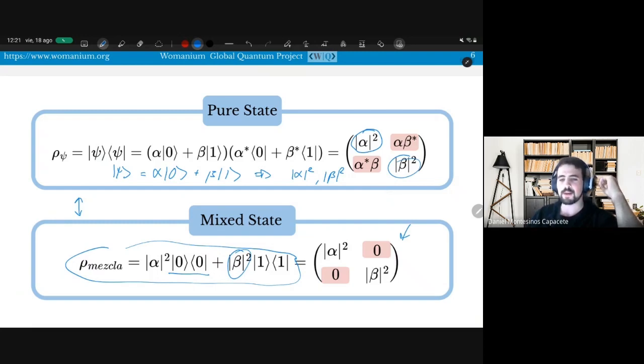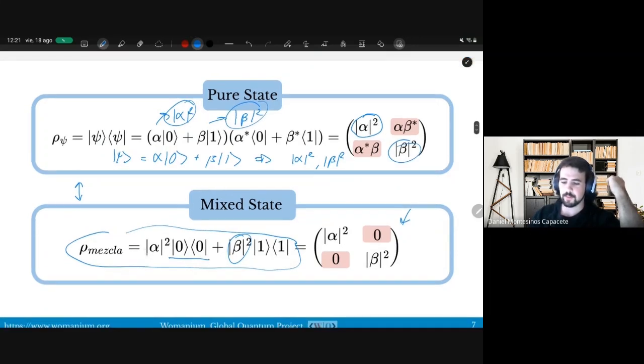But the probability to be in either 0 or 1 is the same. In this state, the probability to be in state 0 is given by the modulus square of alpha, and here it is the modulus square of beta. That's the probability to be in either the zero state or the one state.